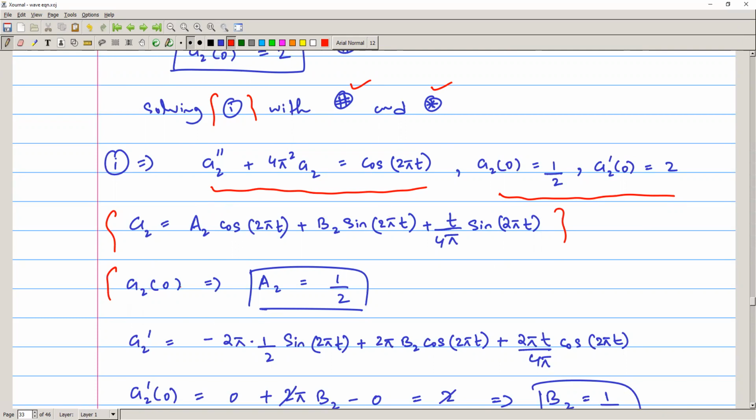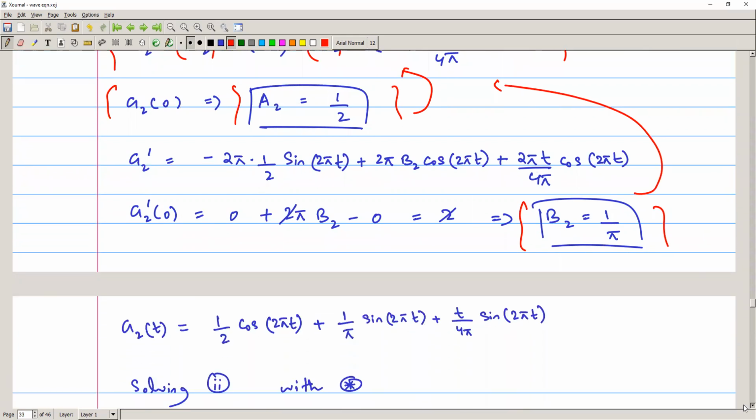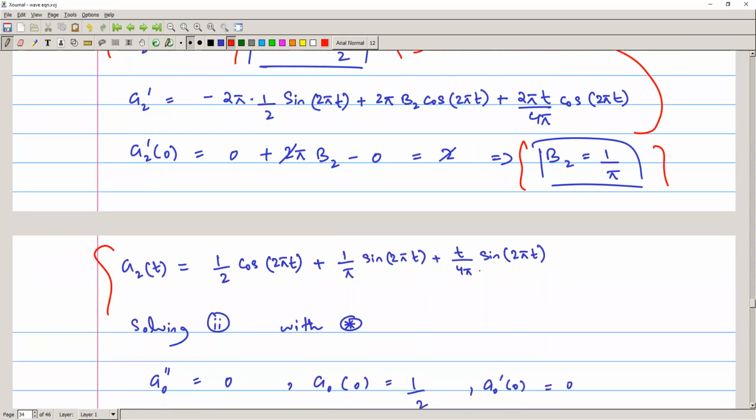Then we'll apply the initial conditions. We will get the constants by using initial conditions. Here, this is A2 prime. So again, applying the condition, we get B2 here. A2 is here. We will plug these values in this equation. All right. So we will get the particular solution for A2. Here is the particular solution for A2 in terms of T.